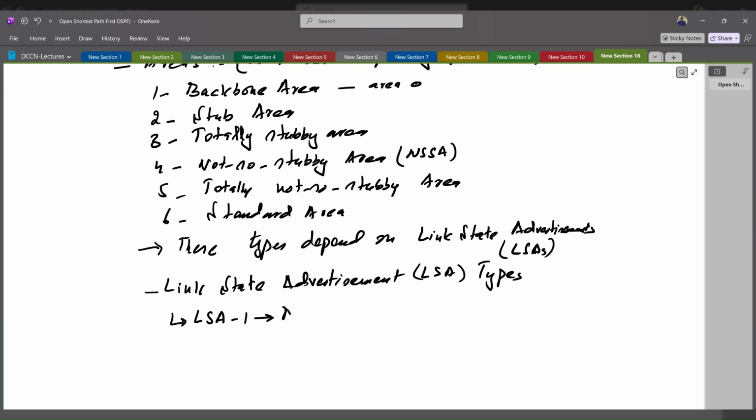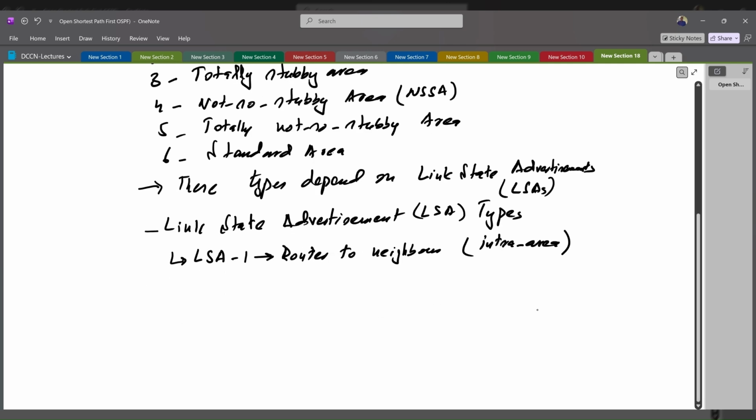So this is from a router to a neighbor in an area, and we can categorize this as intra area, that is, within an area a router is sending updates to its neighbors. This is the first type of LSA.